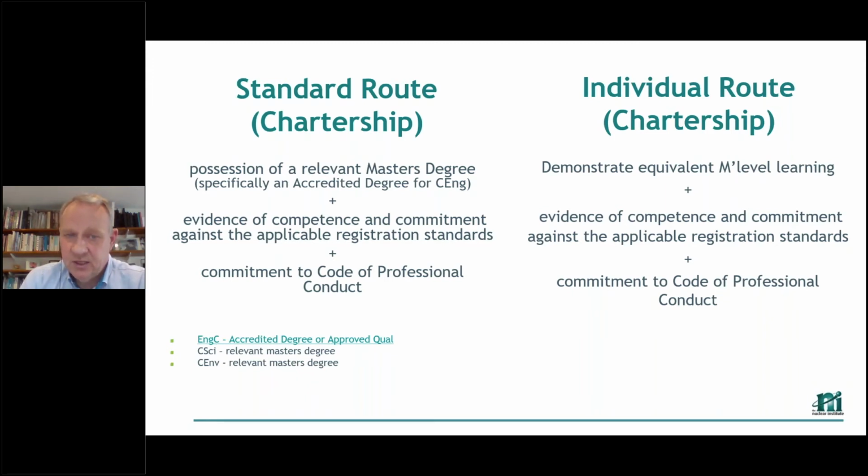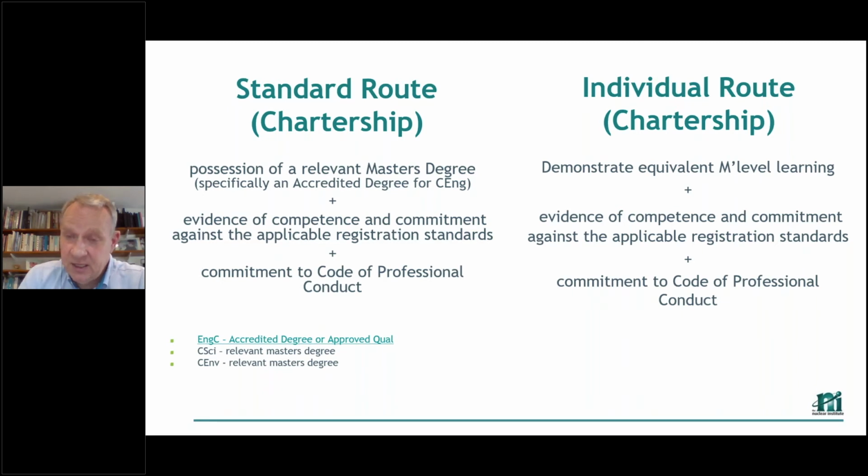The difference between these two is if you possess a relevant master's degree applicable to the science or the engineering or the environmental pathways, then that is deemed to be a big indicator of you having the relevant underpinning academic knowledge.